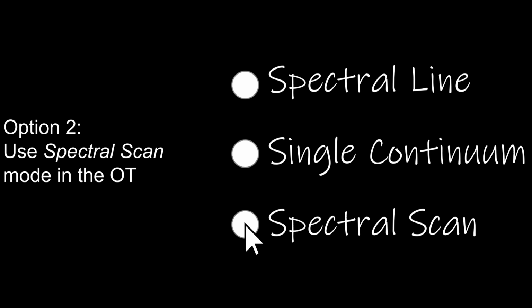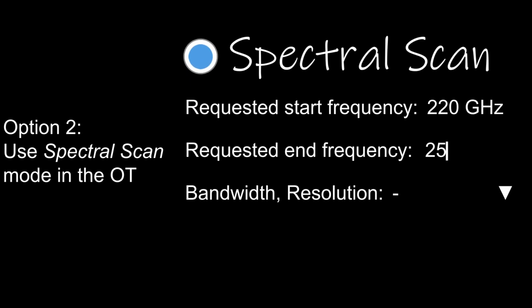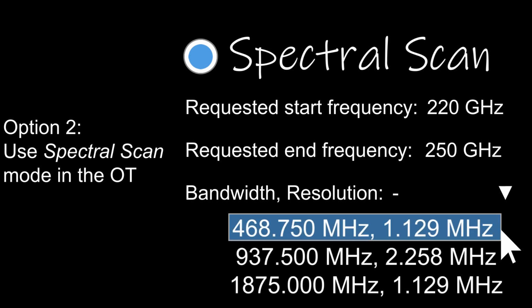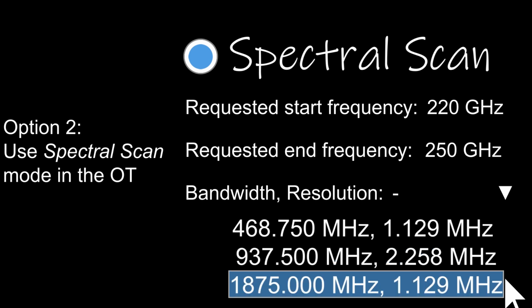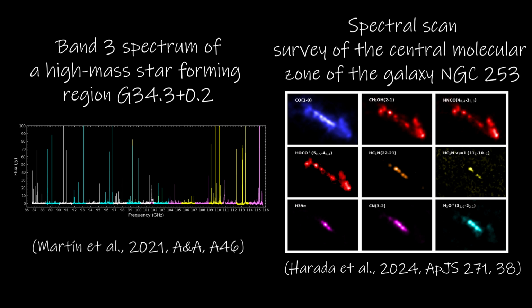In this case, you can select the spectral scan option in the OT and select the tuning range and resolution that you require. Spectral scans are particularly useful for projects involving line surveys.